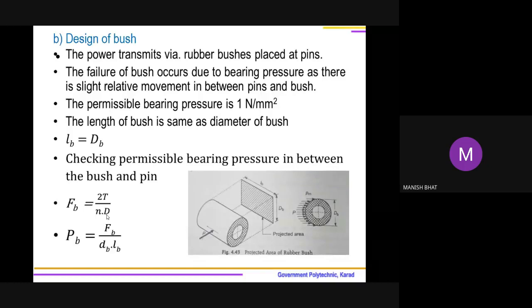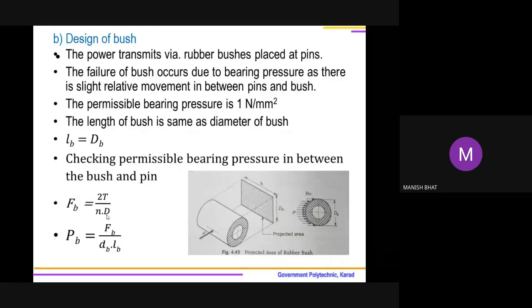So FB is the force which causes bearing pressure in between pin and bush. So let us find out PB, which is the bearing pressure. Pressure is also equal to force upon area. So bearing pressure PB is equal to the force causing bearing pressure, FB, upon the area resisting.